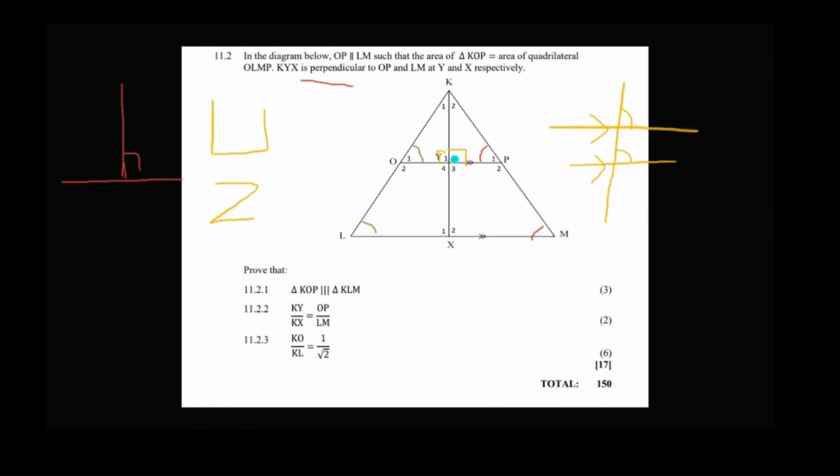Y2 comes before line OP, so Y2 is going to equal the other angle that comes after the other parallel line, which is X2. So we have O2, which is also equal to X2. Same thing with Y1. Y1 is an angle before one parallel line, and it's going to equal the other angle that comes after the other parallel line, and that means it's going to be equal to X1, right?